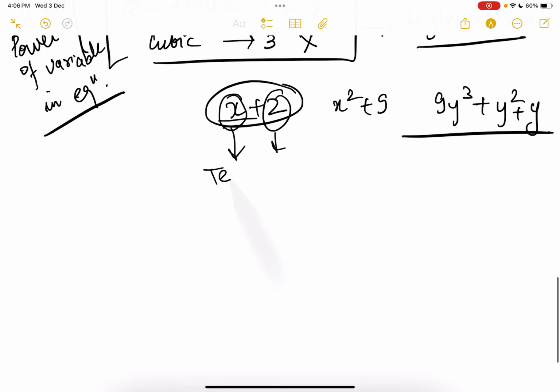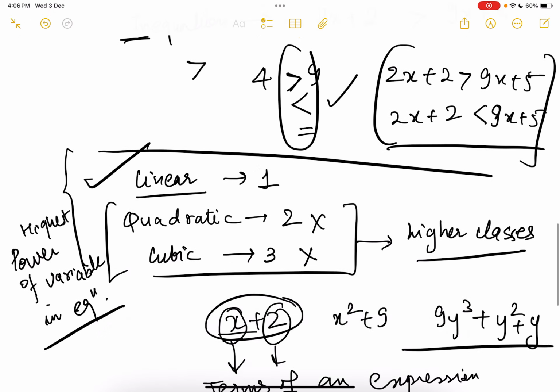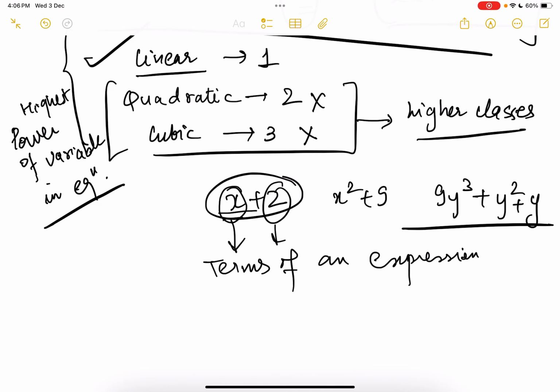These are all terms of an expression. I think it is making sense to you. So this has the highest power as 1, so it is a linear equation. We will be studying only these equations in this chapter.